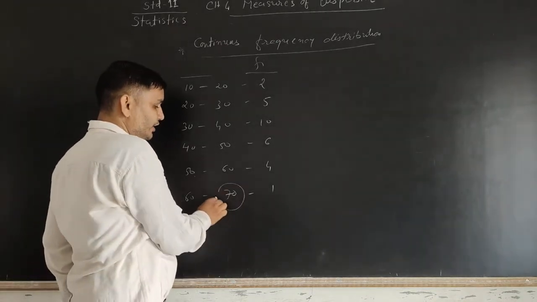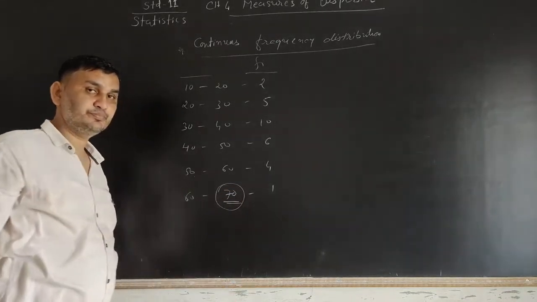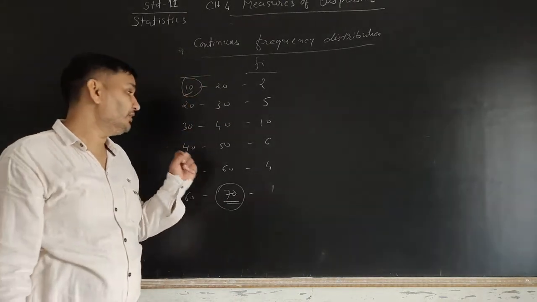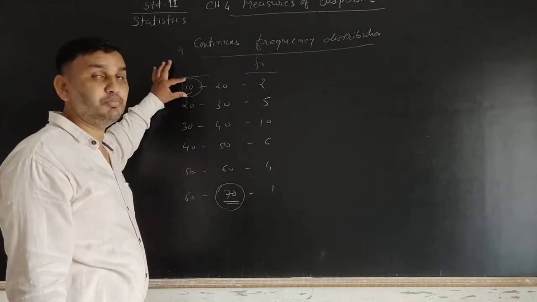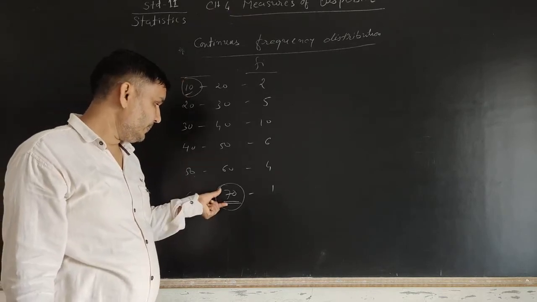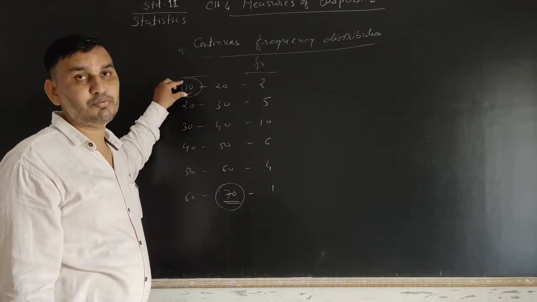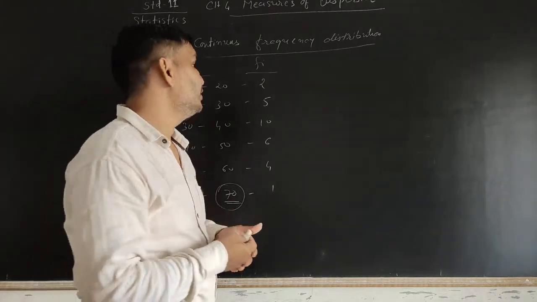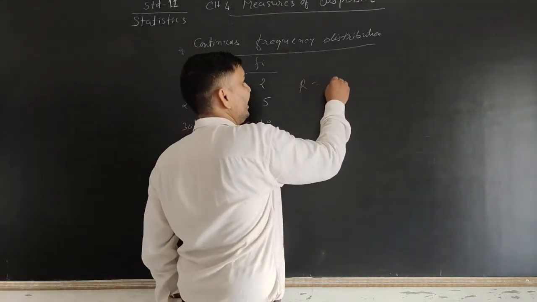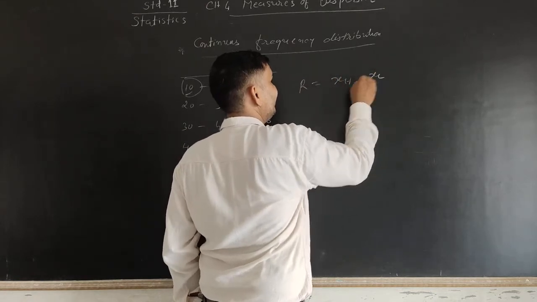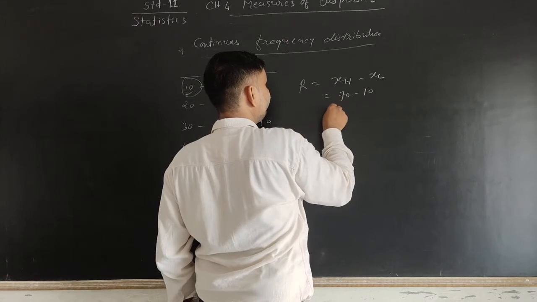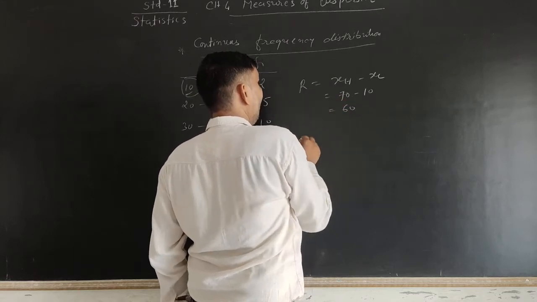The highest value is the upper limit of the last class interval and the lowest value is the lower limit of the first class interval. So range R is equal to XH minus XL, which is 70 minus 10, that is 60.